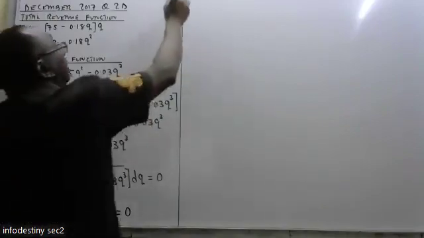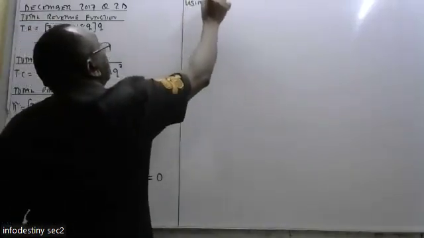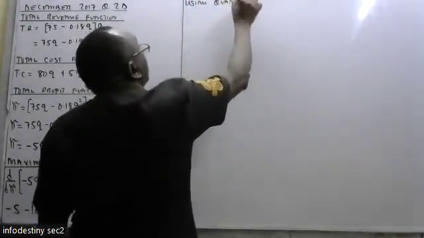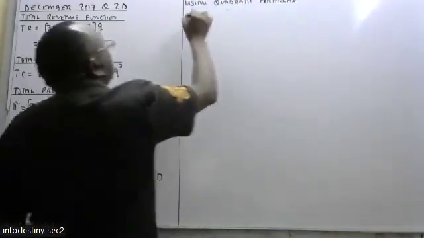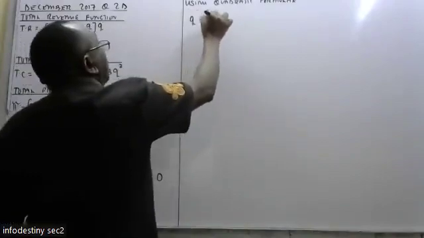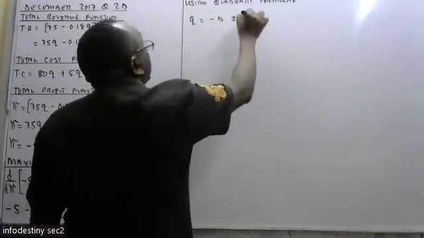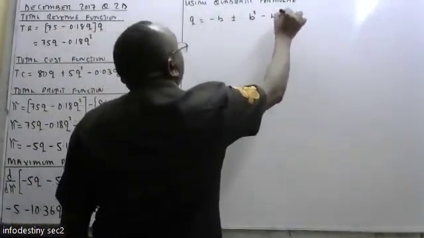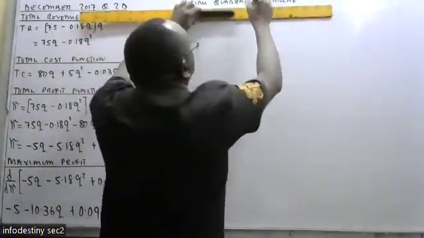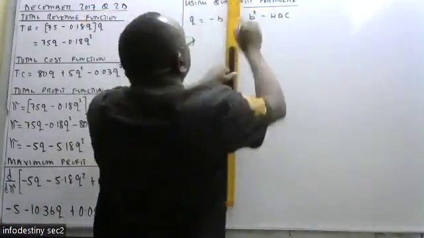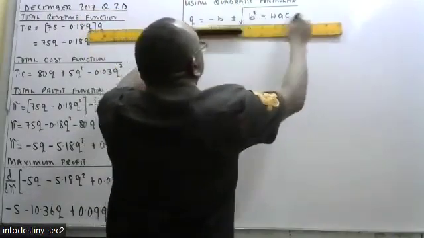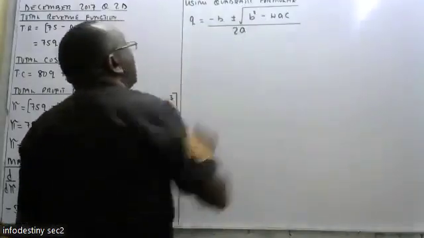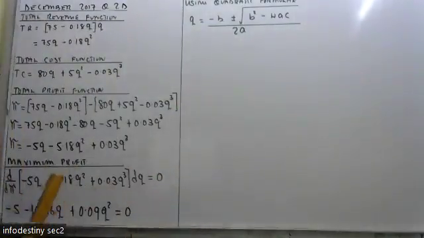Using the quadratic formula, we normally say Q will be minus B plus or minus the square root of B squared minus 4AC, you divide this by 2A.